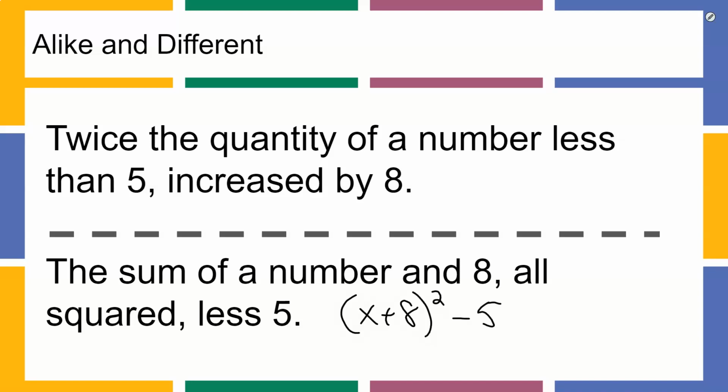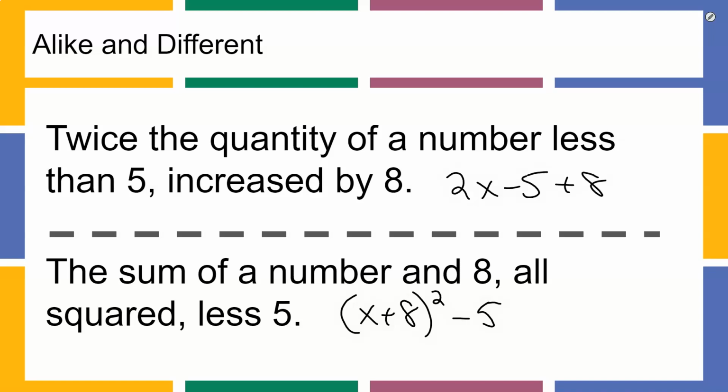So the sum of, we're adding two things. A number, Kate called it x, and 8, all squared, so outside of parentheses, less 5. So this is how we should have translated the second one. Someone give me a first, I guess, for the first one. Sorry. 2x minus 5 plus 8.